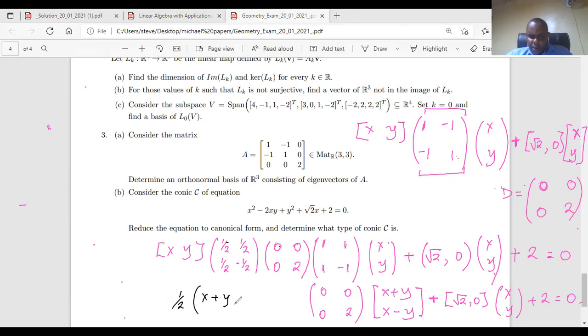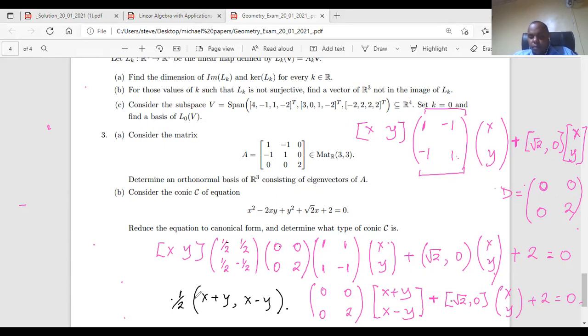And then if we multiply everything by 2, this is going to be... Why would you multiply everything by 2? To eliminate the 1/2. Oh, okay.